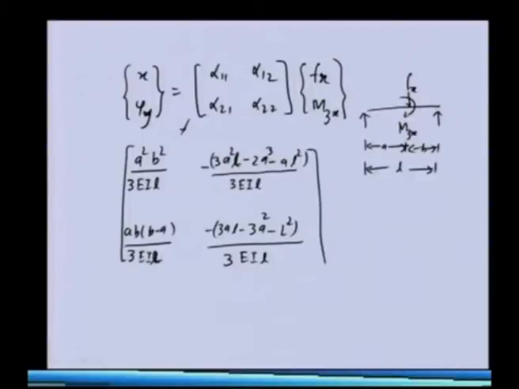So, this is the typical influence coefficient for a simply supported beam, but for other kinds of support conditions, this influence coefficient will change. Here E is the Young's modulus, I is the second moment of area, that is pi by 64 d to the power 4 for a circular shaft.